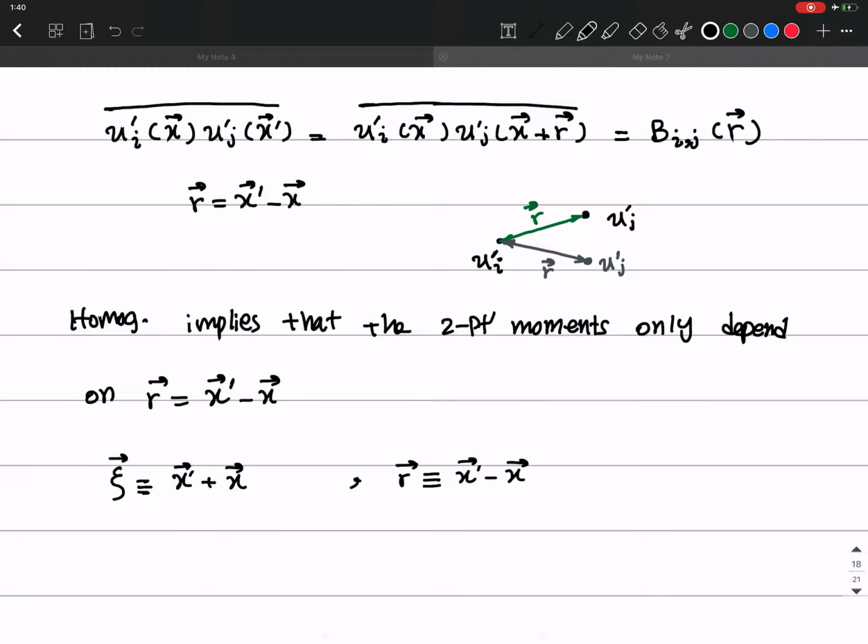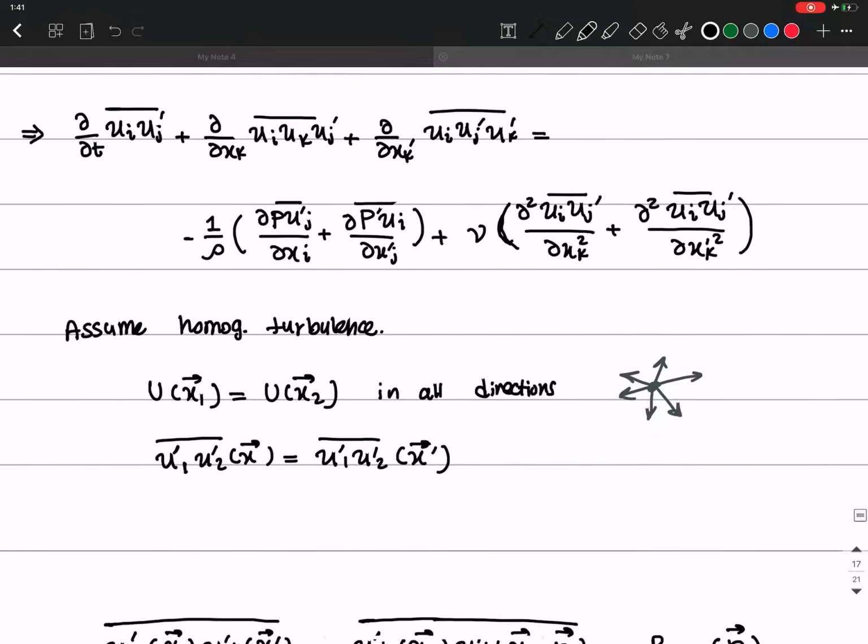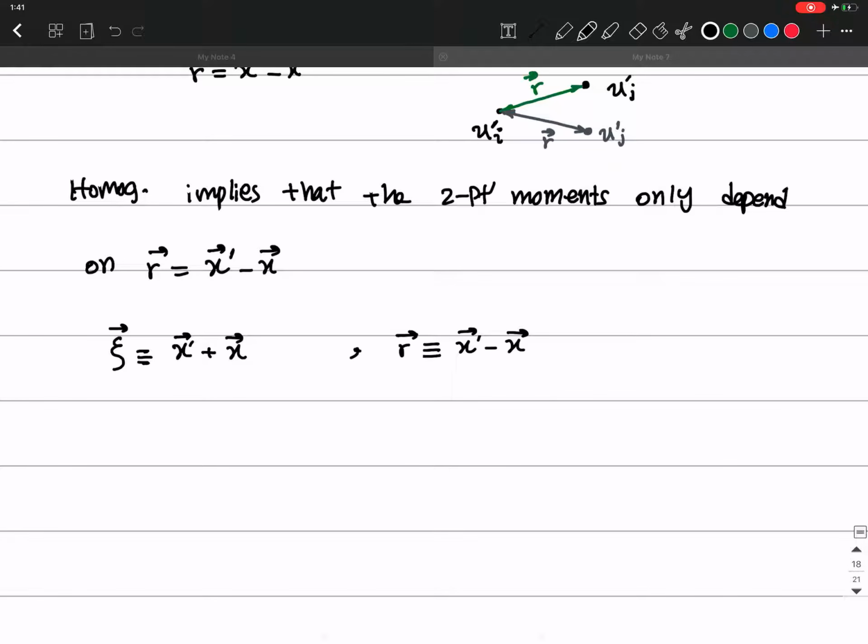So now I want to rewrite all my equations based on these equations here. Instead of x and x prime, I want to use ksi and r. So let's do a change of variables here, from x and x prime to ksi and r.